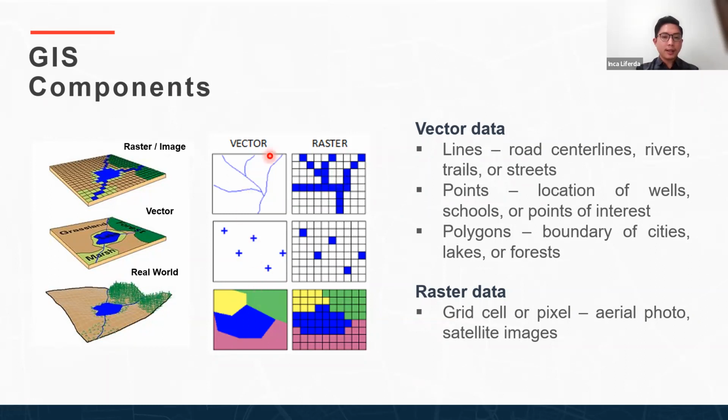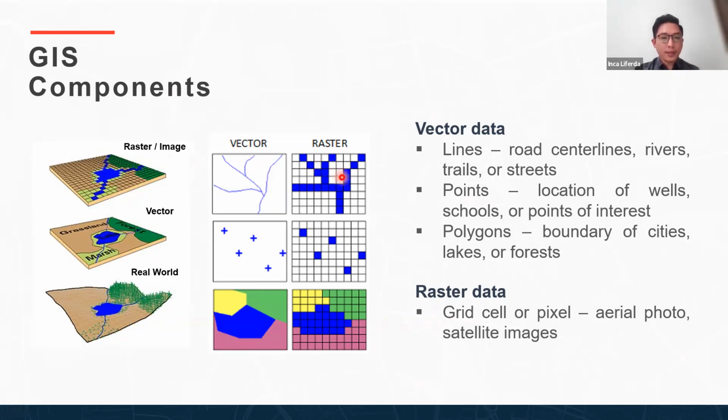For example, like here, this is going to be maybe the river, and when we use vector data, the data will be presented like in this picture.